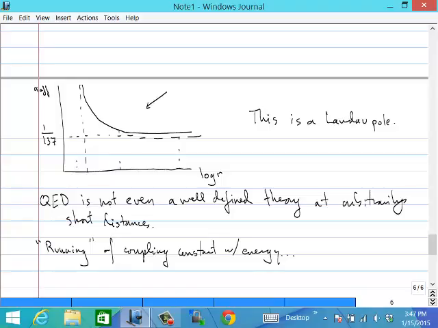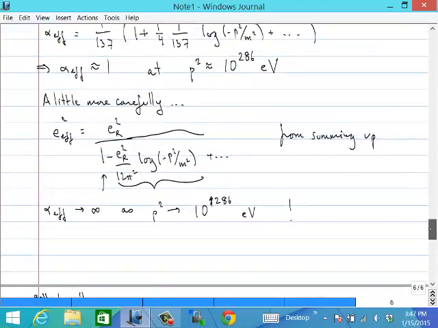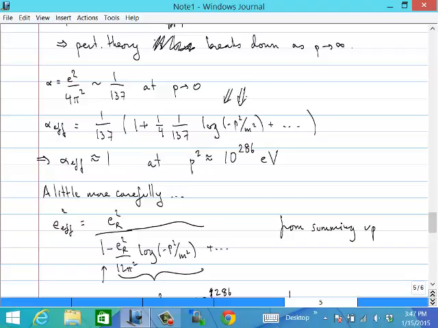Well, let's put it this way. This running of the coupling constant is logarithmically slow, right? If you look at this correction here, it's got a log, which means that you have to double the energy to get a constant change in the effective coupling. So this running of the electromagnetic coupling, the fine structure constant, is observed, but it's difficult to observe, and I think it's probably only in the last couple of decades that it's been observed.